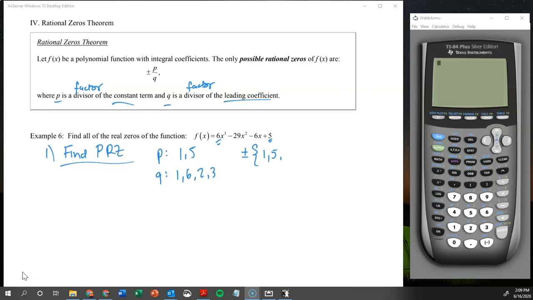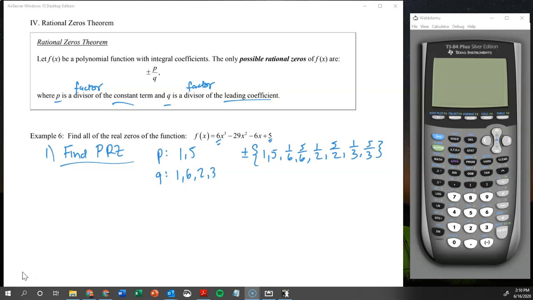Divide by 6, that gives me 1/6 and 5/6. Divide by 2, that gives me 1/2 and 5/2. And divide by that last q, which is 3, that gives me 1/3 and 5/3. What this list does is give me a possibility for some rational zeros.